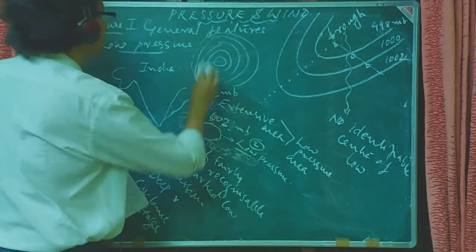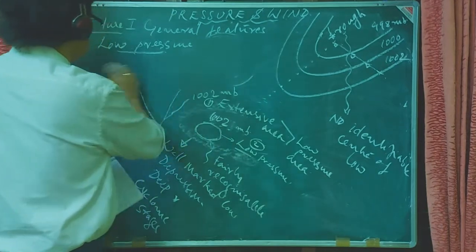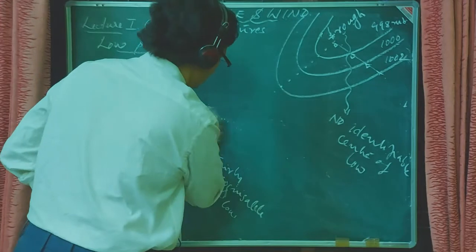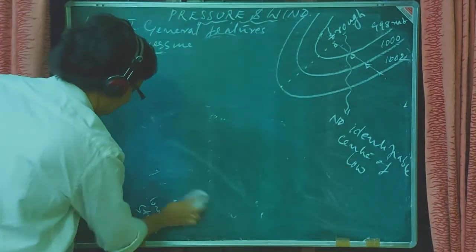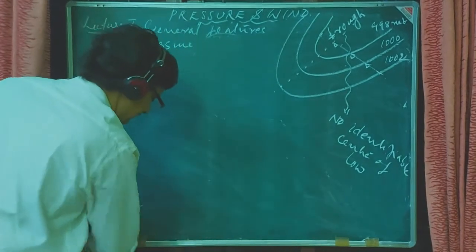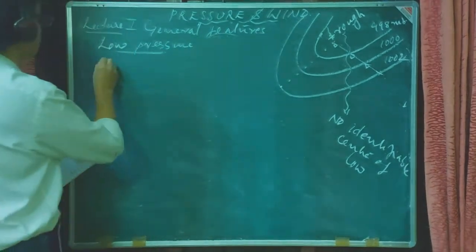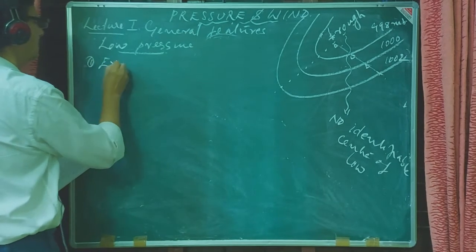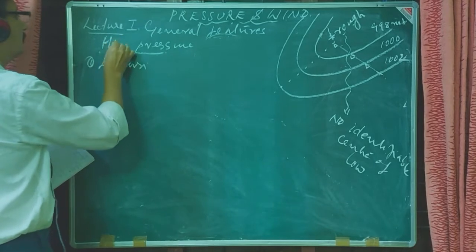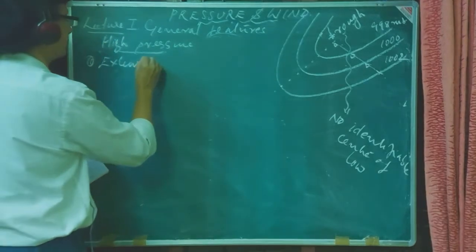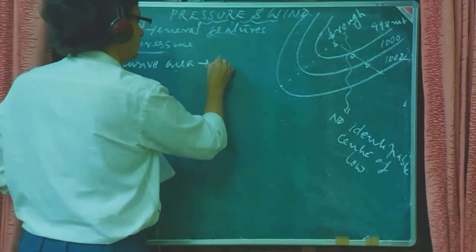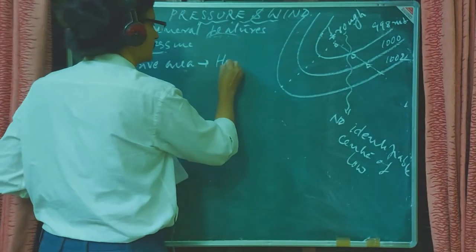But if you come across high pressure, if there is an extensive area of high pressure, it will be called a high pressure area, an extensive area of high pressure.